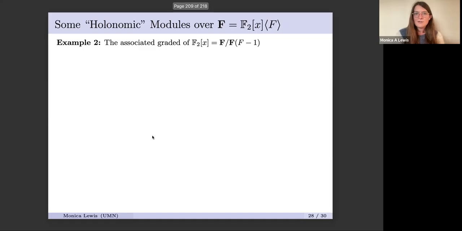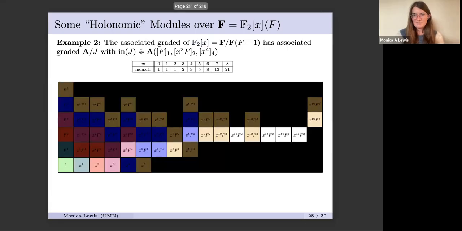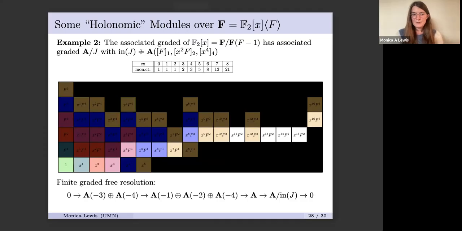The second one was taking the polynomial ring itself as an F module, passing to its associated graded, then degenerating to the quotient by its initial ideal. That was this one. It has the following graded free resolution and has a Hilbert series that puts it in our minimal dimension class.